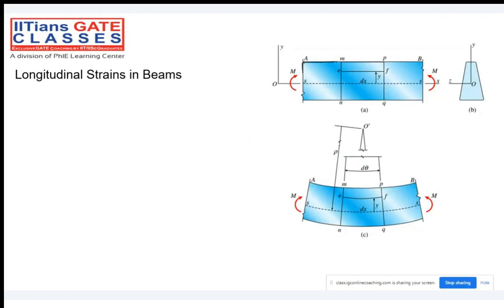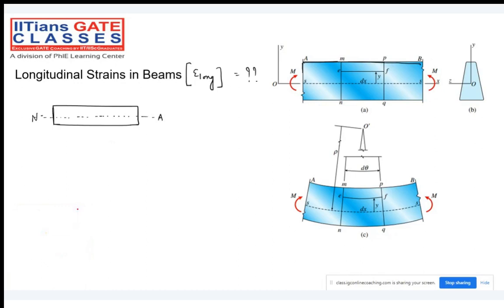This particular beam is subjected to a moment, and we have to tell what the longitudinal strain will be. I'm taking one simple example. I'll be telling you the meaning of neutral axis and neutral surface. As of now, you can consider this a neutral axis, passing through the centroid.